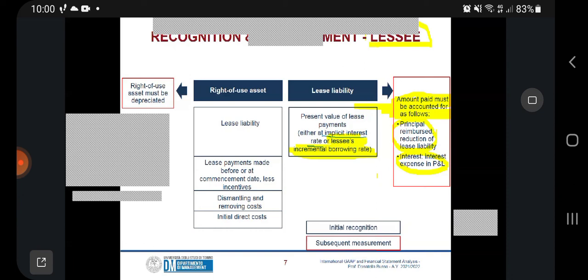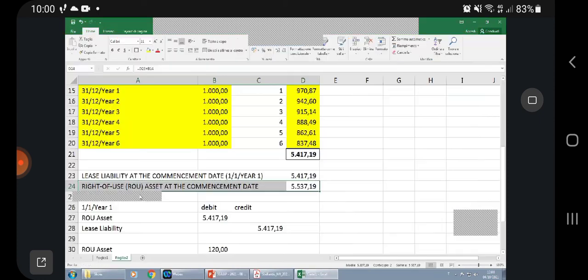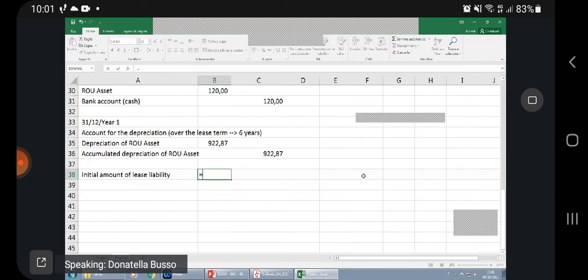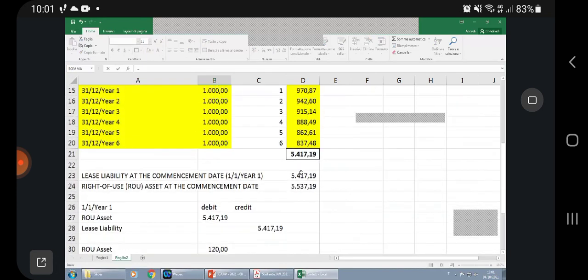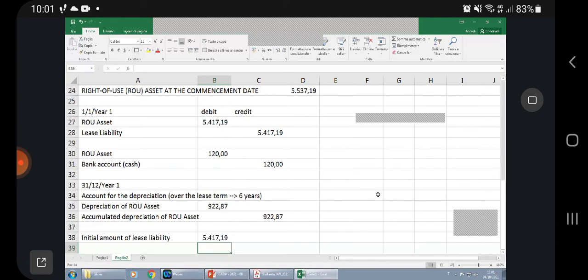And we'll see immediately using our exercise. We start with the initial amount of the lease liability. So at the beginning of the period, the lease liability has an amount of 5,417. Do you agree? How much is the interest rate that we have used in order to discount the future lease payments?